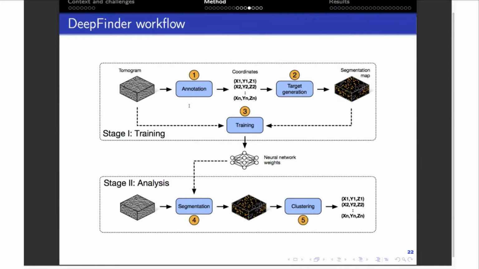So first, in the training stage, the user has to annotate the positions of the macromolecules. Second, these coordinates are converted into segmentation targets for the training. And third, the tomograms and segmentation targets are fed to the training procedure, and the training is launched. Once the network has been trained, it is ready to be deployed to analyze new tomographic data.